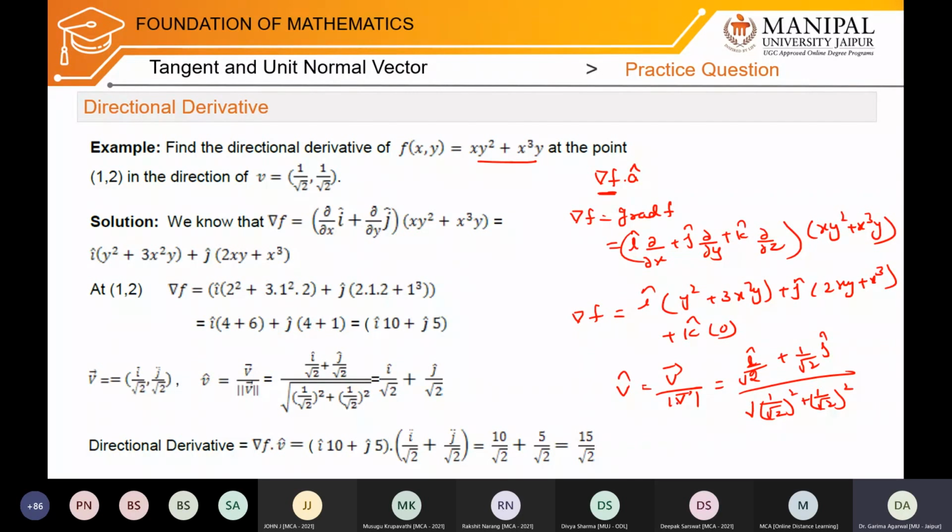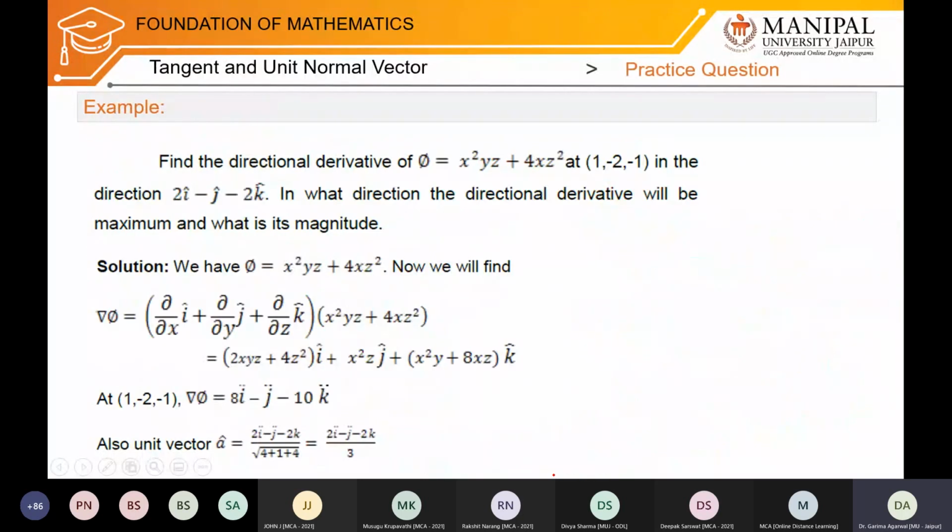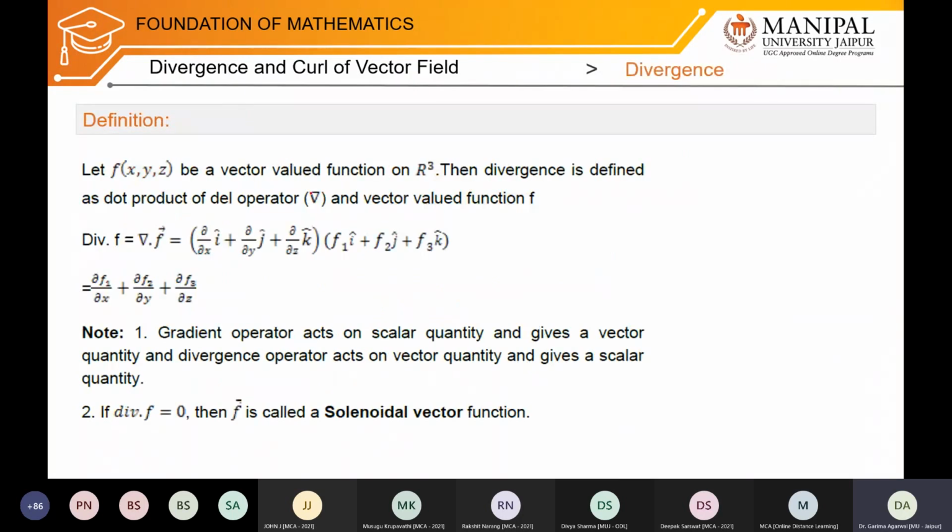The denominator is 1. This one is vector v. Now take gradient f dot v cap. This is the directional derivative, right? Here we also have one more example of directional derivative. You can do this question.